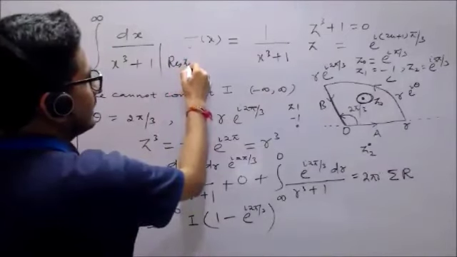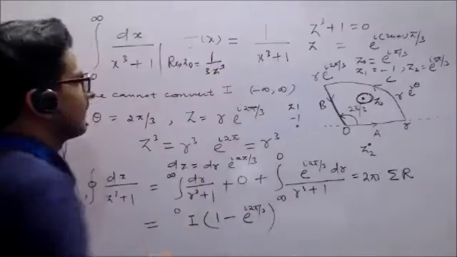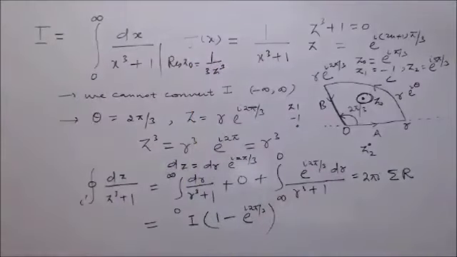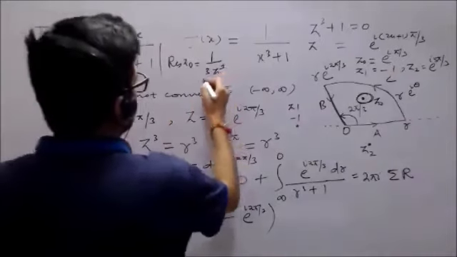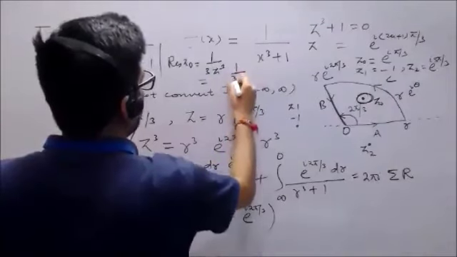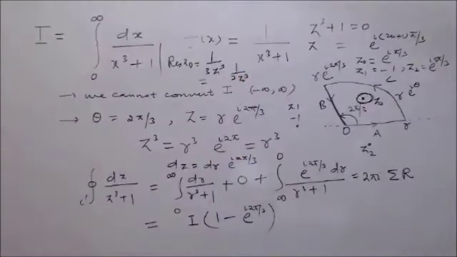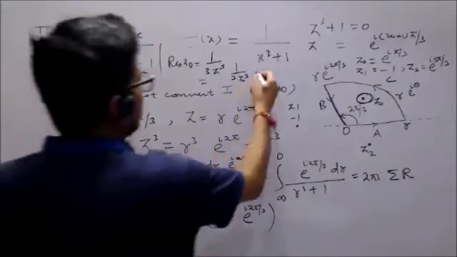Residue at Z0. 1 upon 3 Z cube. What is the value? Tell me. One upon 3 Z naught cube. So it will become minus 1 by 3. सभी लोग खुद निकालो.